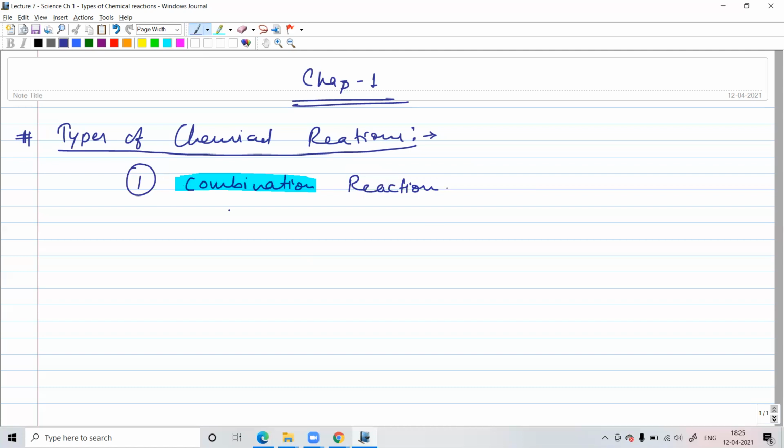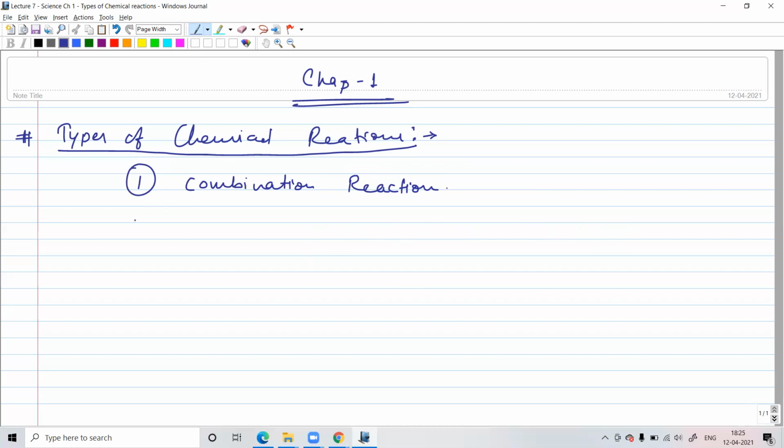No guesses? So there will be some compound A, there will be some compound B, and they will combine together to make some compound C like this. So this is a combination reaction. As simple as that, okay? But we'll go into the details later.